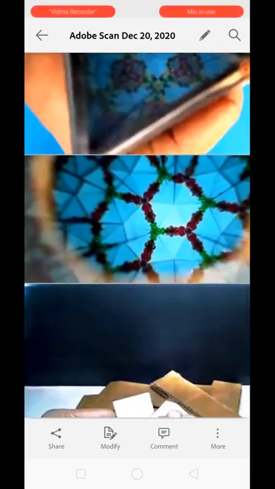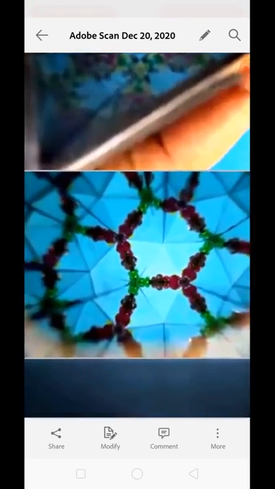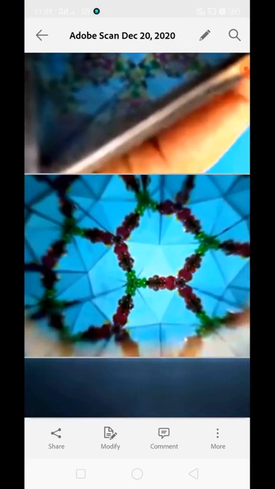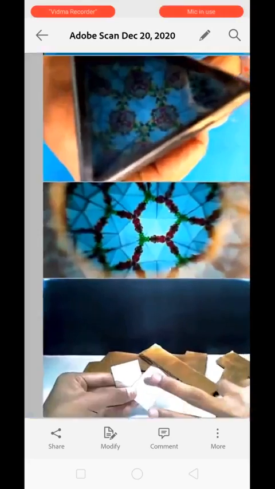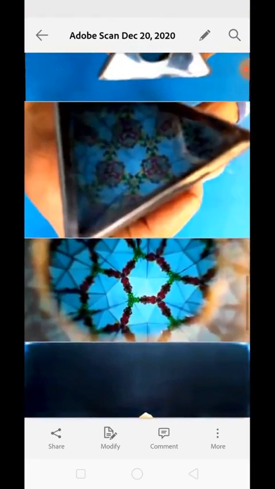Now see over here, this is what we see when we look inside the kaleidoscope. It will appear like a beautiful pattern inside it. So children usually get excited by seeing these multiple images, multiple color reflections. Understood now, class?